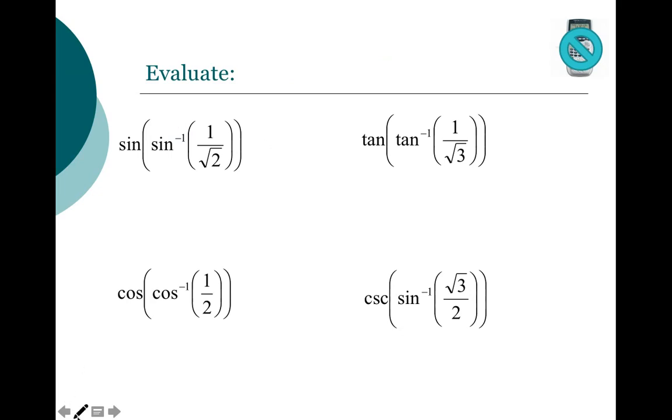Let's finish off with some of this evaluating. So maybe try these on your own. We're back to no calculator. I just wanted to do a brief stop for calculators. Sine inverse of 1 over root 2 is 45 degrees. The sine of 45 degrees is 1 over root 2. What about the tangent inverse of 1 over root 3?